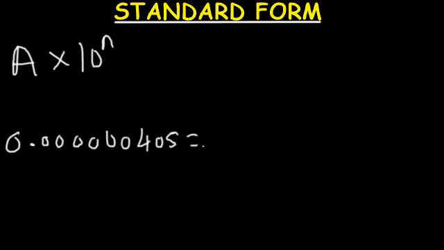What are we going to use to multiply 4.05 to give us this value? In order to get a value like this, we are going to multiply 4.05 with 0.0000001.